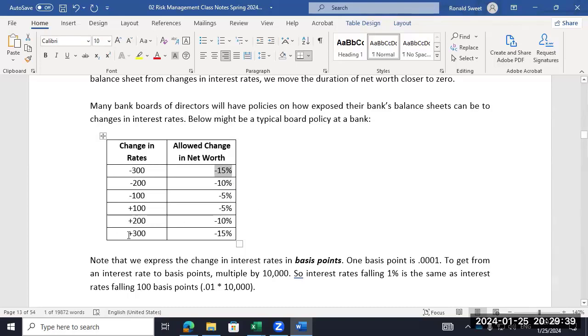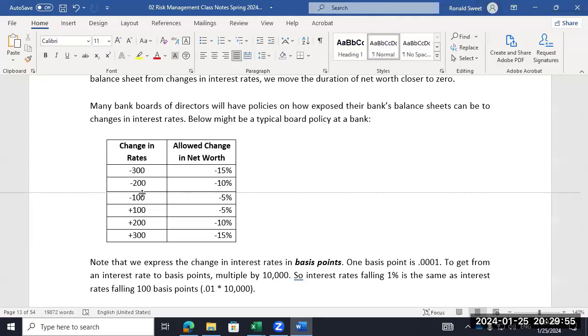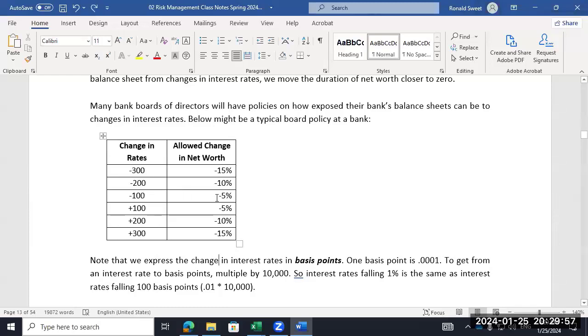Same thing, if interest rates rise 300 basis points, we shouldn't lose more than 15%. So the board doesn't know if they're exposed to rising rates or falling rates, but either way, if rates fall this much or rise this much, we don't want you losing more than 15%. If interest rates fall 100 basis points, we don't want you to lose more than 5%, or if they rise 100 basis points, we don't want to lose more than 5%.